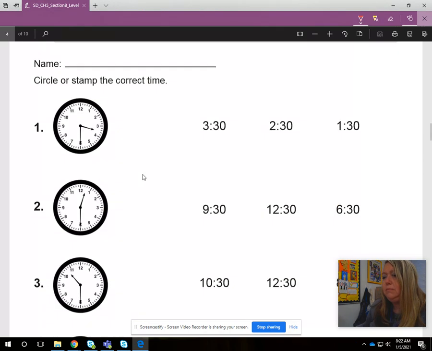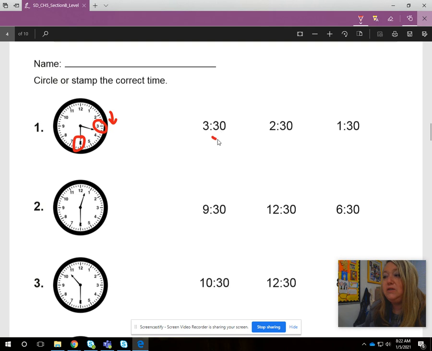Okay. All right, let's look at our next page, and I'll do this quickly before it's your turn to give it a shot on the worksheets. So we know it's at the 30 because we have the long hand right there, and our number right here is in between the 3 and the 4, so it's not 4 yet, right? It's the number 3.